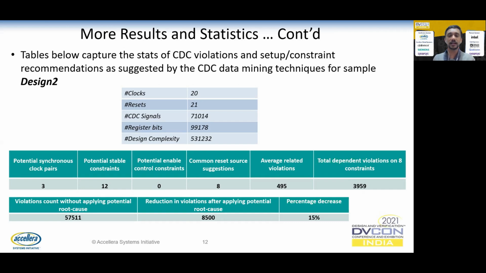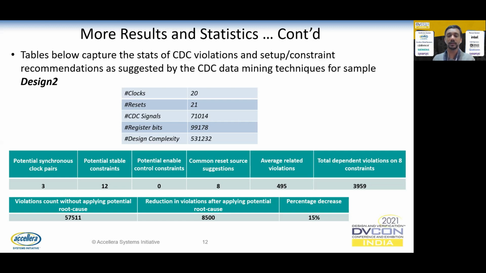More results and statistics for sample design 2. Here we have around 3 potential synchronous clock pairs, 12 potential stable constraints, 0 potential enable control constraints, and 8 common reset source suggestions as suggested by the CDC data mining setup recommendations.